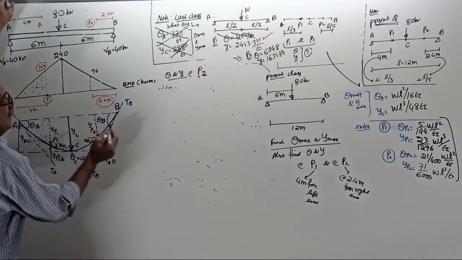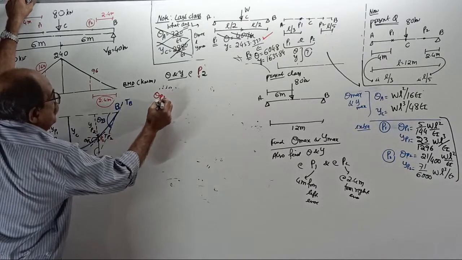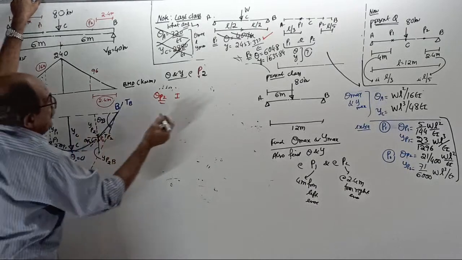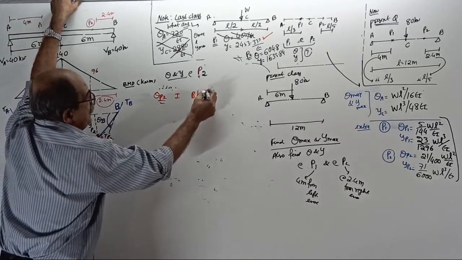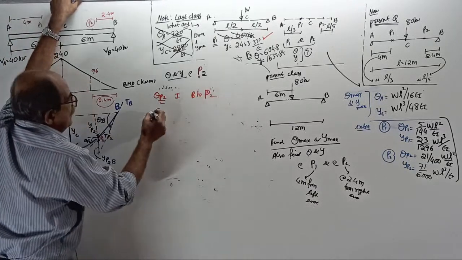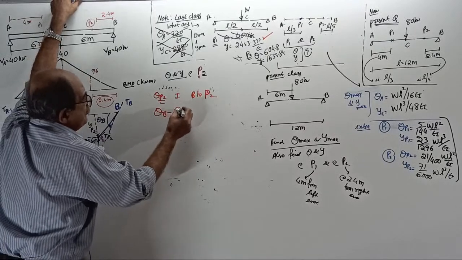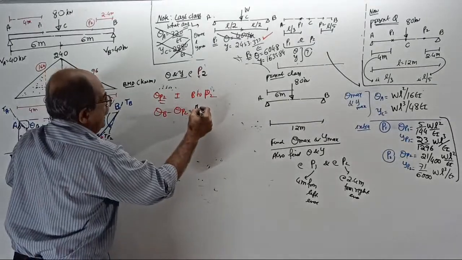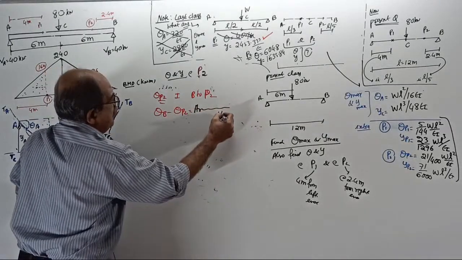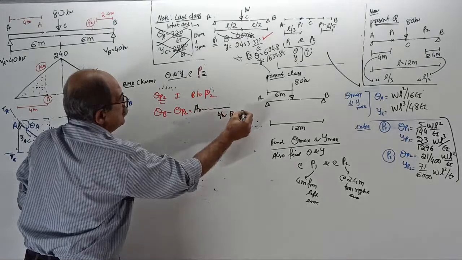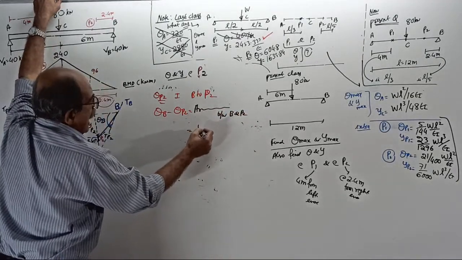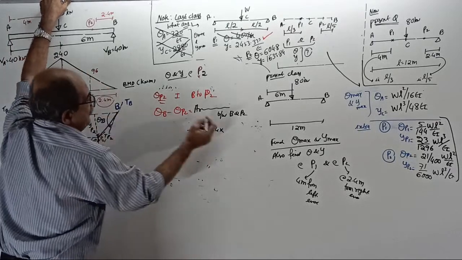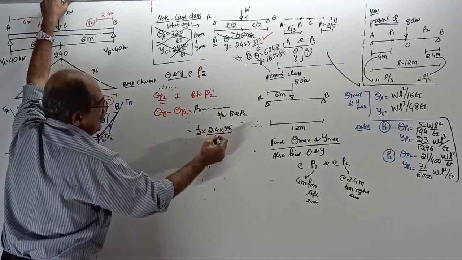Now if you want theta P2, come this side. Apply the first theorem from B to P2. Theta B minus theta P2 equals the area of the BM by EI diagram between B and P2, equal to half into 2.4 into 96 by EI.